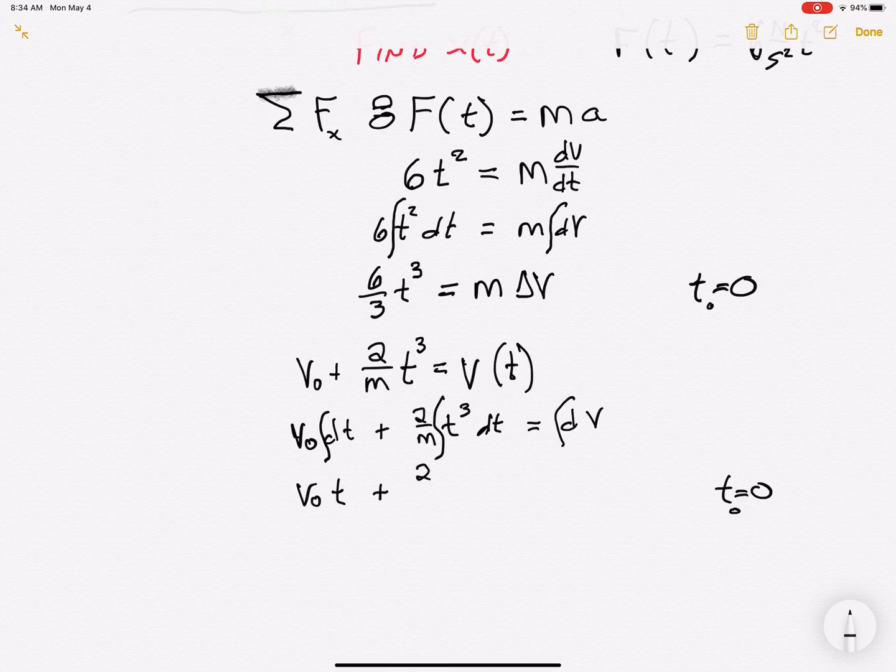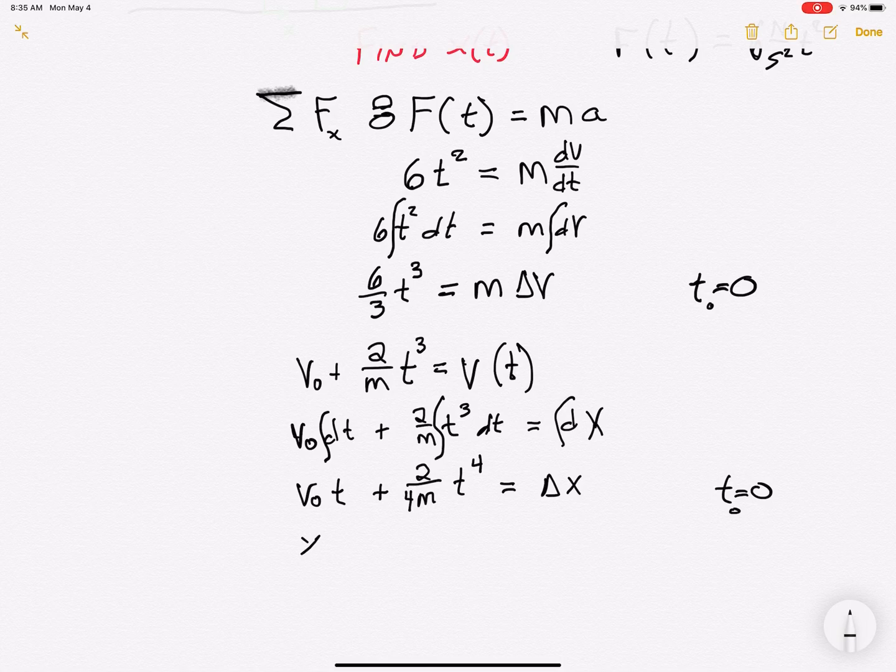Plus 2 over m t to the 4, carry the 4 down, and that's going to equal my change in my, that should be an x by the way, change in my x's location.